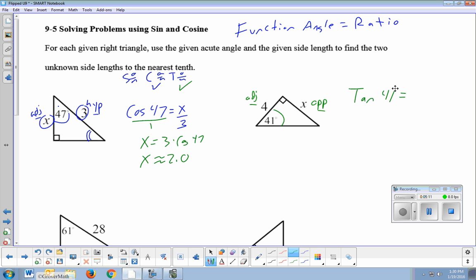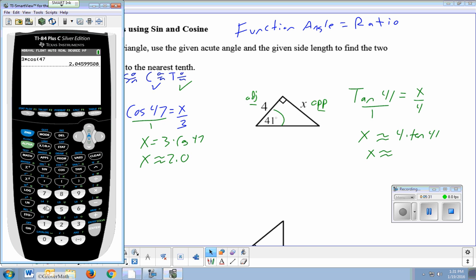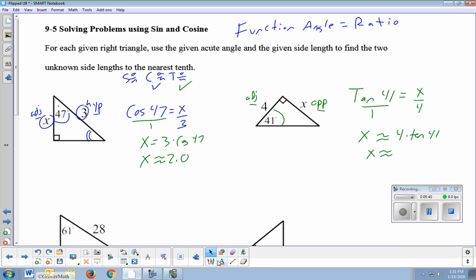The function is tangent, the angle is 41, and that equals tangent's ratio, opposite over adjacent, so that's x over 4. Cross multiply here, and again x times 1 is just x, and 4 times tangent 41. X is approximately 4 times tangent 41. 4 times tangent 41 is 3.47, so we'll round that to 3.5.